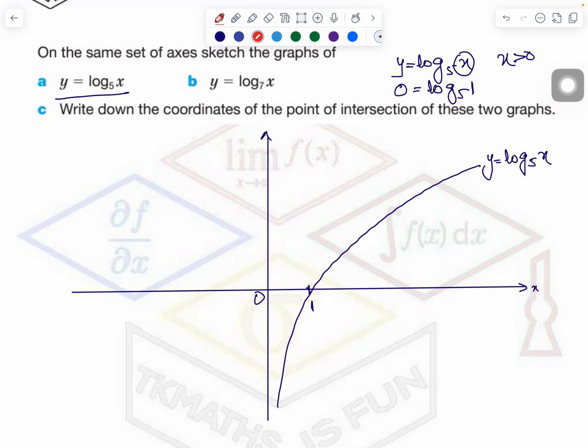So if it is log x base 7, what will happen? For your understanding, log x base 7, if I change it into index form, it is representing y equals 7 power x, and this one is representing y equals 5 power x, right? So now 7, 1 will come here.